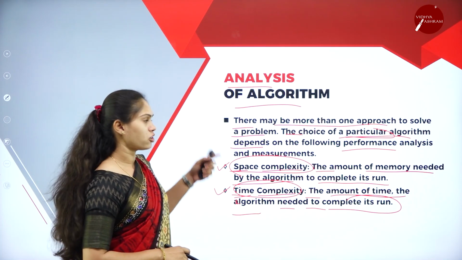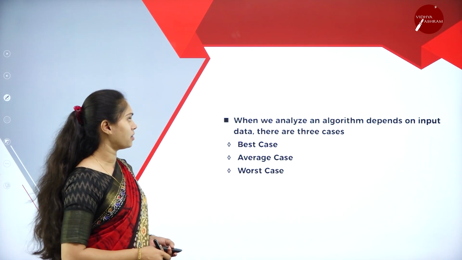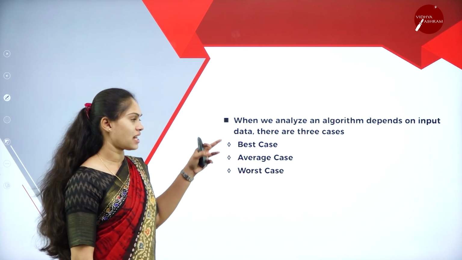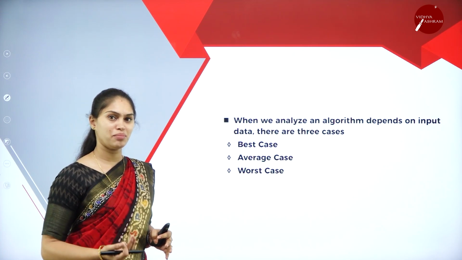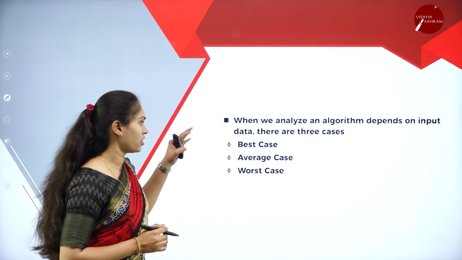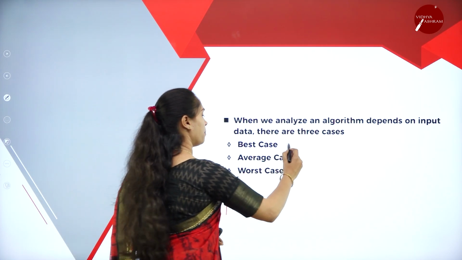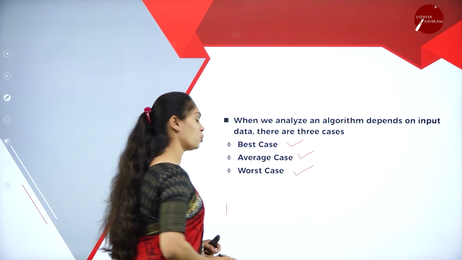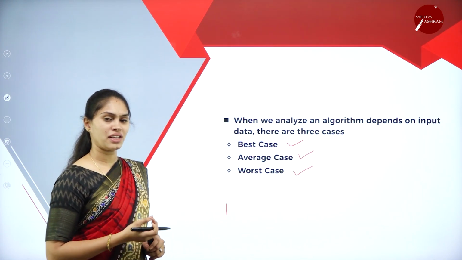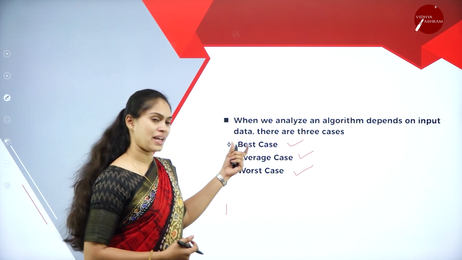For that, we are going to analyze the algorithm, that is, analysis of an algorithm. It is mainly based on the input data that we are going to give. Then what are the three possible cases? That is best case, average case and worst case. If my algorithm is working fine with my problem, then that is the best case.